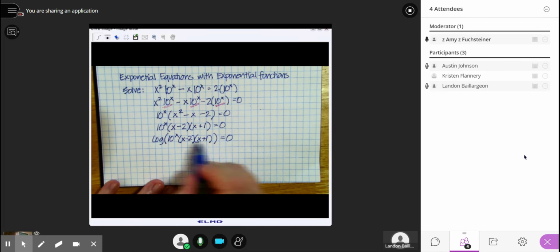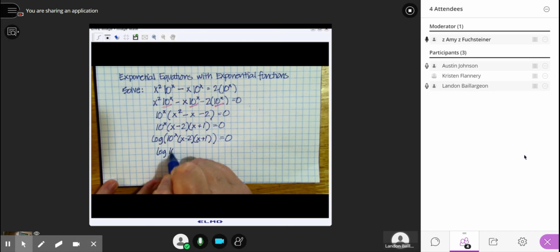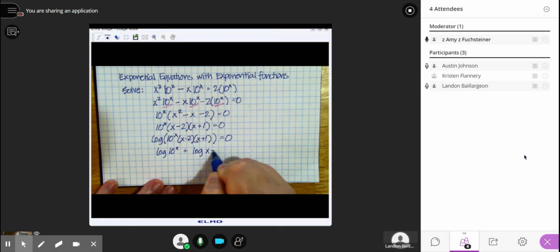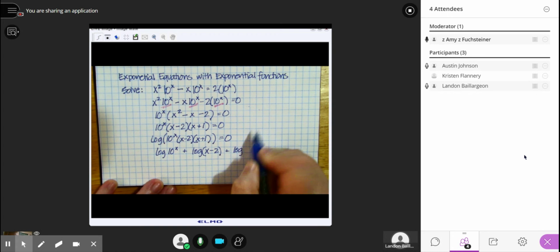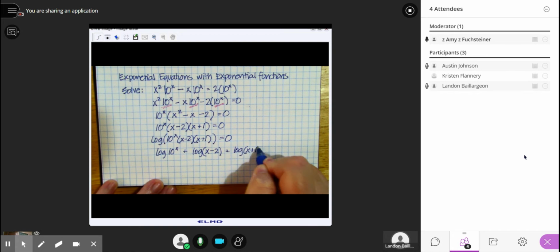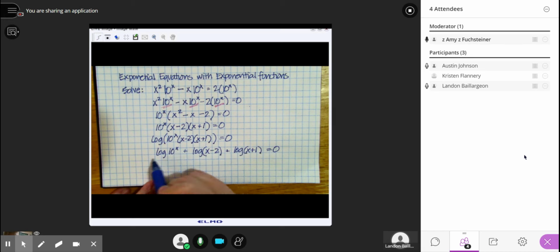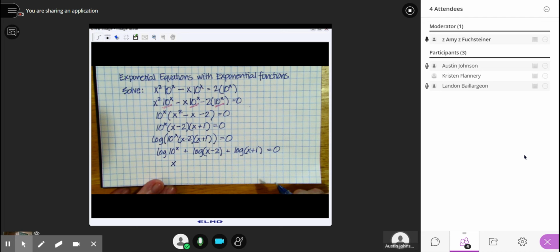And since I'm multiplying them all, I can use addition. This x comes out front, and then I have log base 10 of 10, so that's just going to be an x.